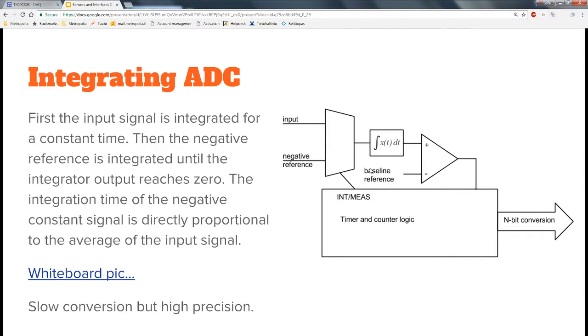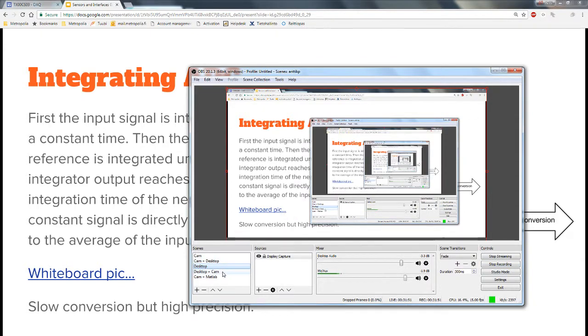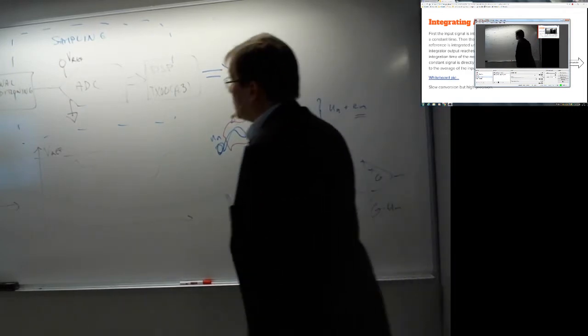Maybe I should actually make a small picture of it. Wait a minute.